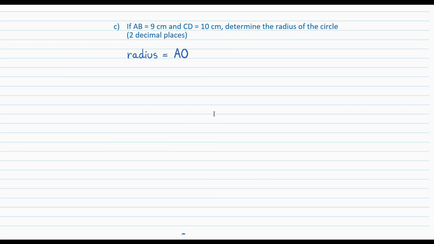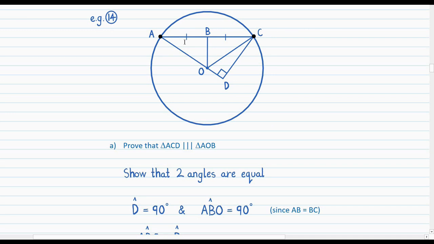Cool, so how do we determine the length of AO? We've been told this length and this length, and we know ACD is a right angle triangle. And since this side and this side have the same length, that means the side AC would have double the length of AB, meaning 2 times 9 centimeters. And we know that CD is equal to 10 centimeters.